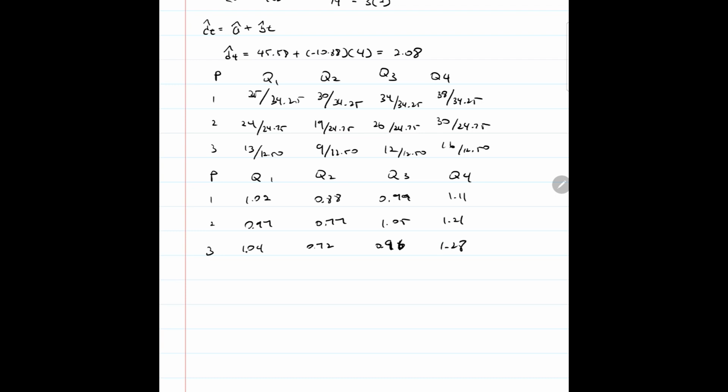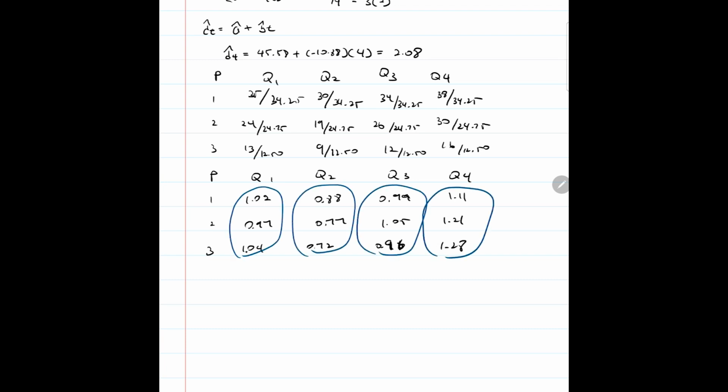Okay, now we need to get a period index by getting an average of each quarter. So average on first quarter will be 1.01, 2.79, 1.20.